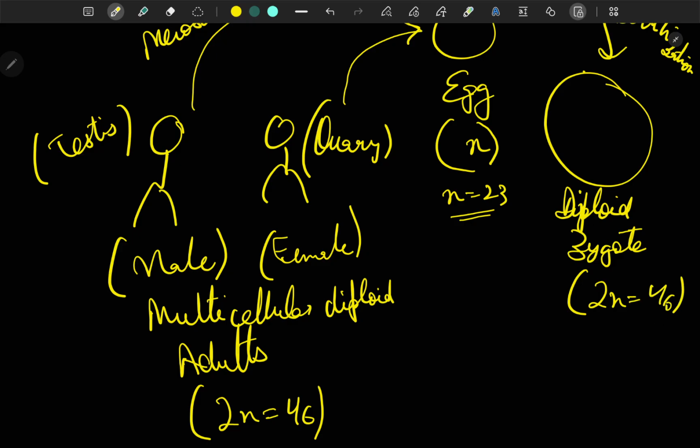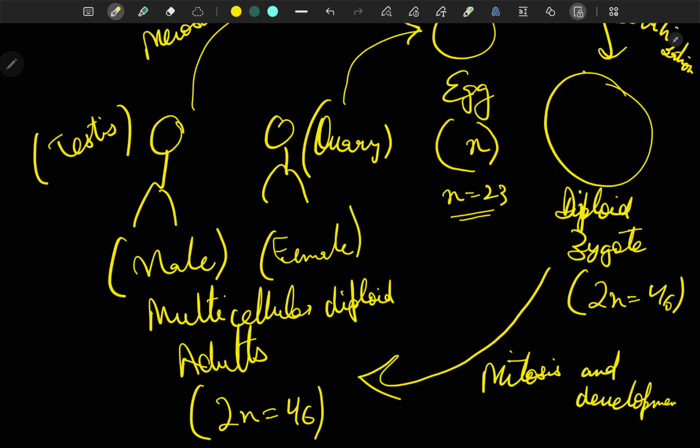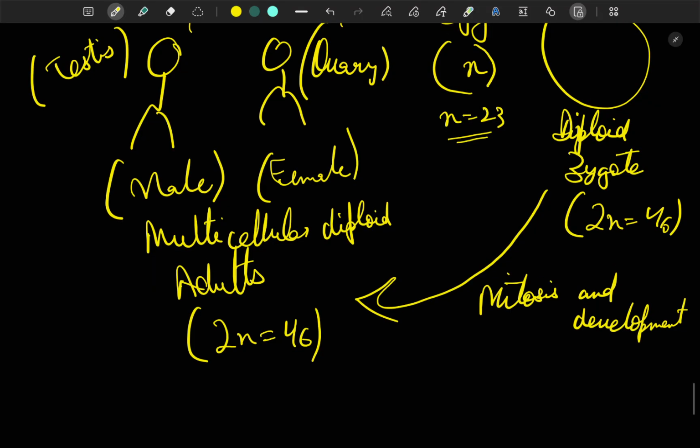It has two sets, one from the mother and one from the father. Then mitosis occurs and development occurs. The diploid zygote transforms into a baby, then the baby into a single adult. Then adults marry each other, fertilization occurs, and the process continues again and again.